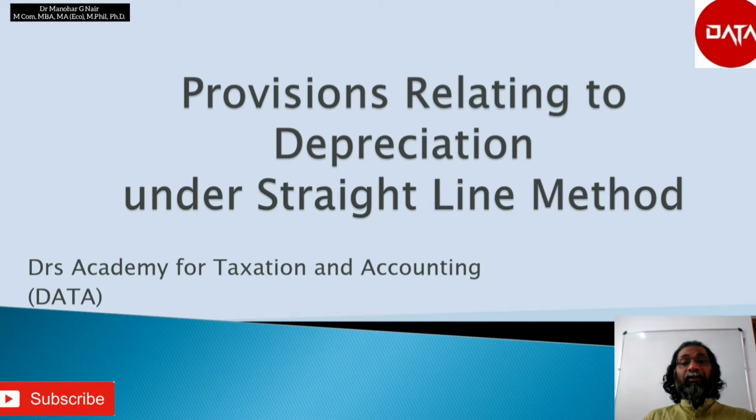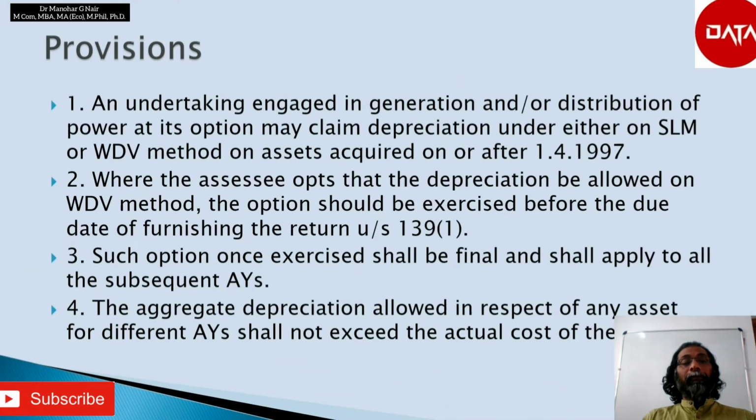Let us see what is the rate of depreciation under straight line method. Provisions relating to the computation of depreciation under straight line method are: an undertaking engaged in generation and distribution of power at its option may claim depreciation under either straight line method or written down value method on assets acquired on or after 1st April 1997, where the assessee opts that the depreciation be allowable on written down value method.